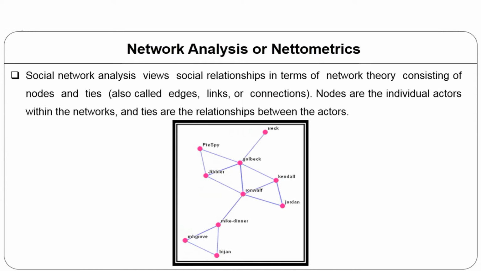A social network is a social structure made up of individuals called nodes, which are tied or connected by one or more specific types of interdependency, such as friendship, kinship, common interest, financial exchange, etc. Social network analysis views social relationships in terms of network theory consisting of nodes and ties. Nodes are the individual actors within the network, and ties are the relationships between the actors.